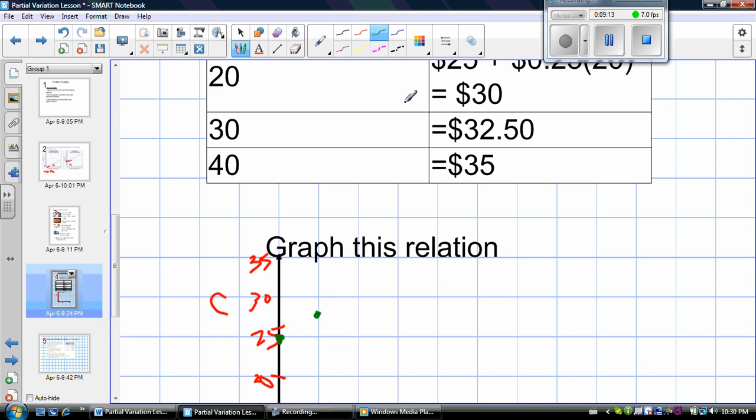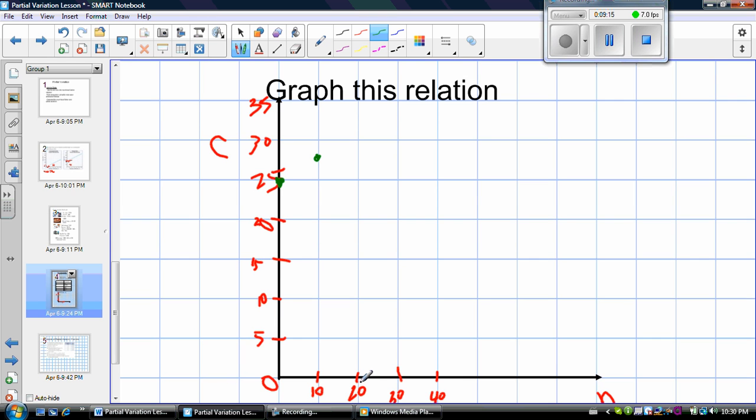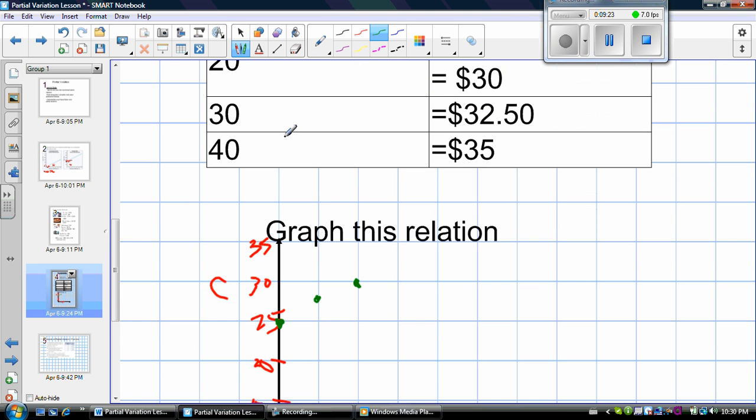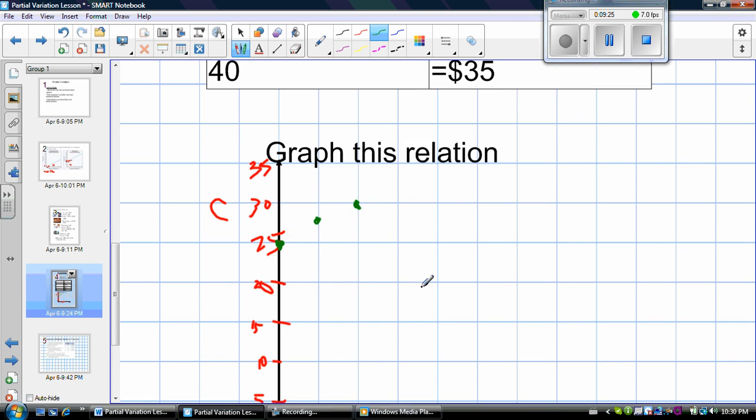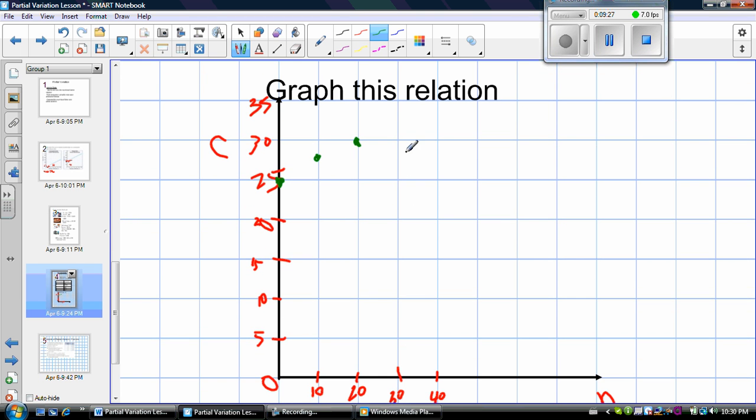The next one's 20 and 30. So 20, go all the way up to 30, and put a point there. Then 30 and 32.50. So 30, 32.50, between 30 and 35.